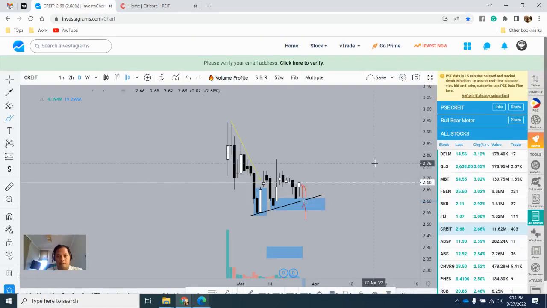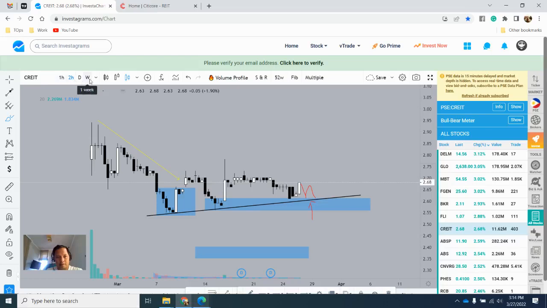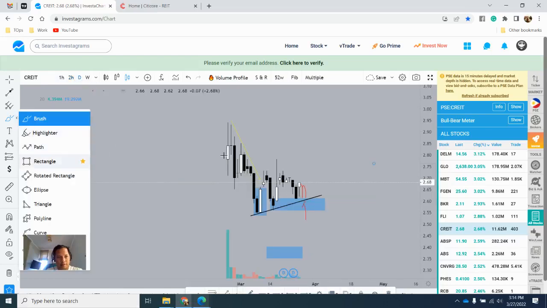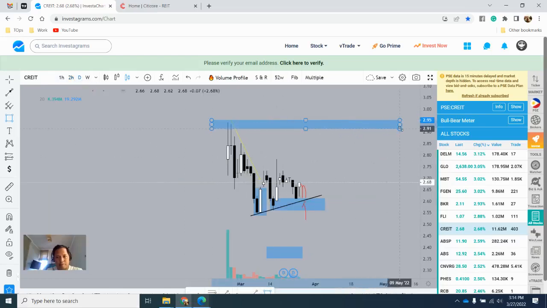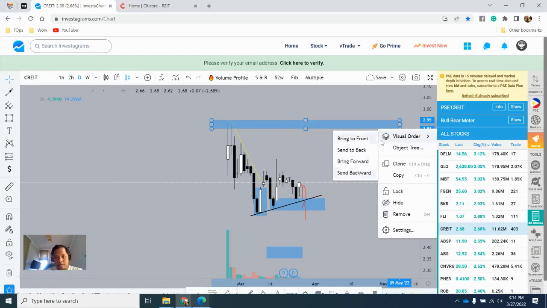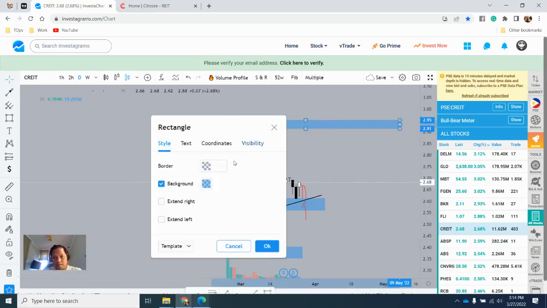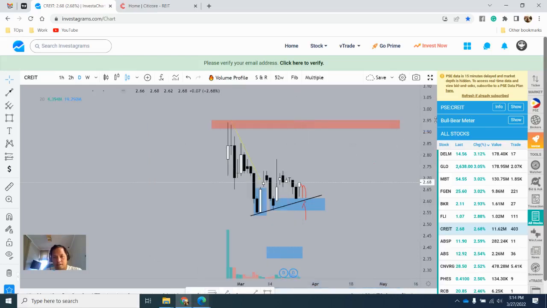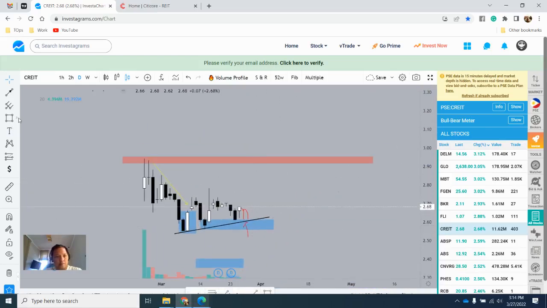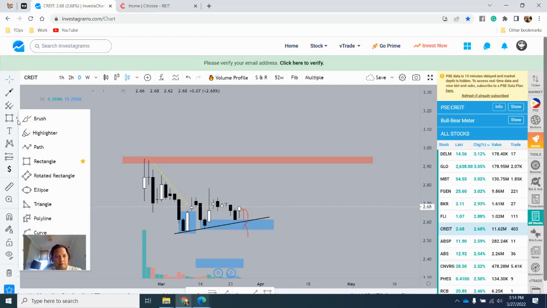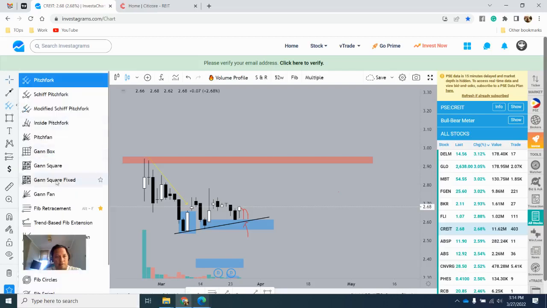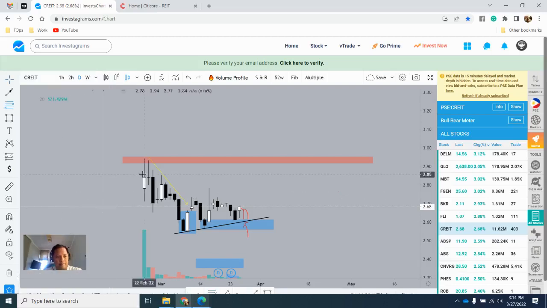Okay, so going back to the opportunities, this CREIT is really a strong buy signal. We have our first profit target over here at the all-time high, and then the next take profit that I would recommend is the extension.